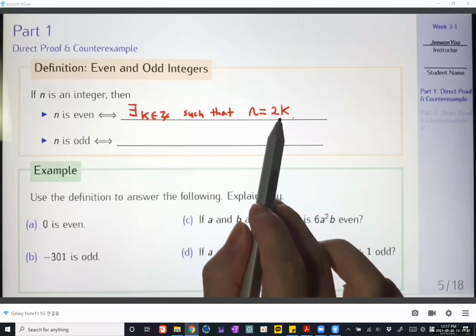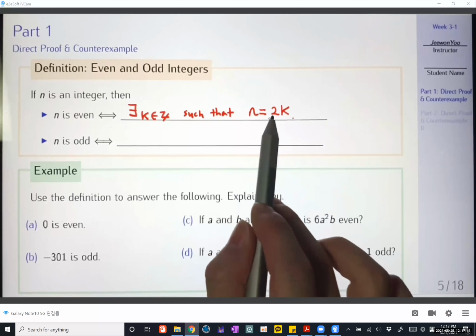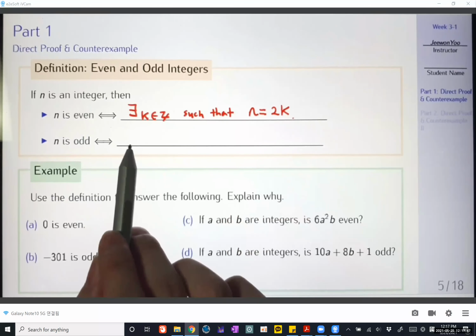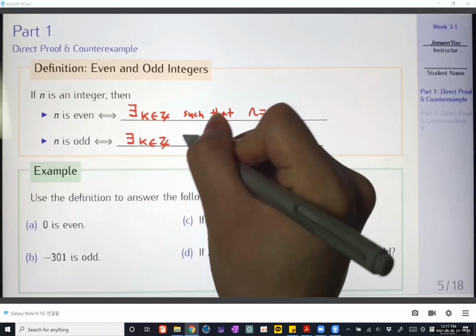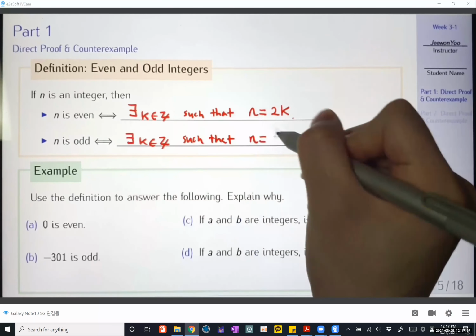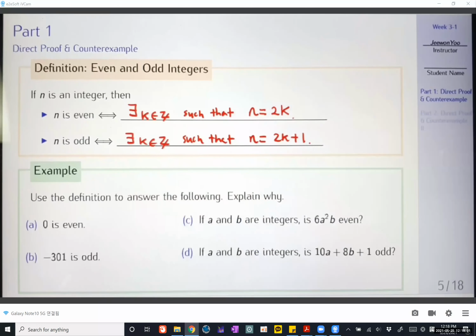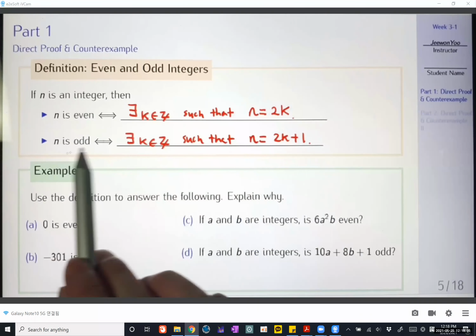If we can find a special integer k such that we can represent n to be 2 times that k, then n must be even. Similar to the n is odd case, there exists k in Z such that n is equal to 2k plus 1. Okay, so that's the answer for the definition of n is even, n is odd.